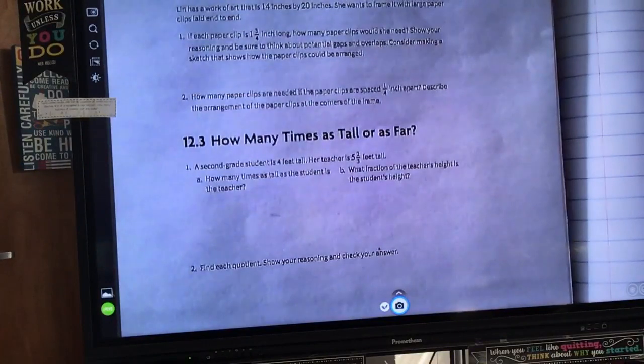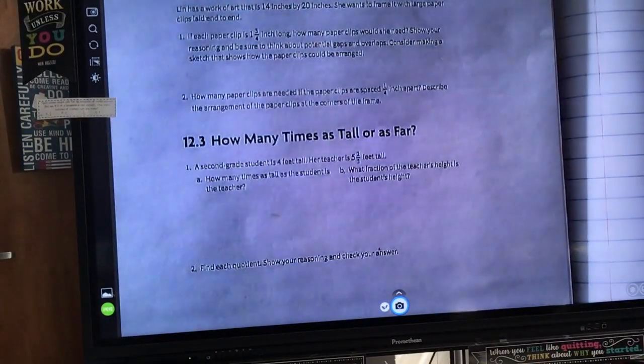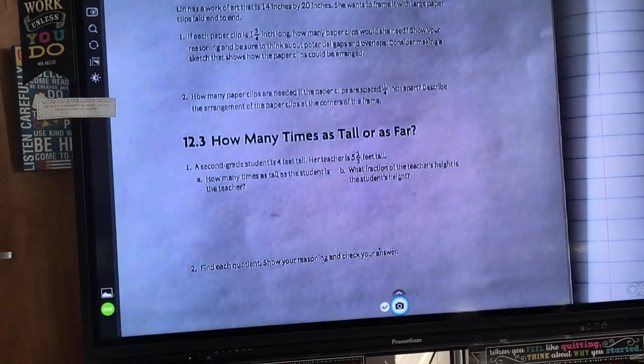Now, on your cool down, please be careful with the question, because if you don't actually read it and annotate it, you're going to get it wrong. Please make sure you show all of your work. I would really like you to annotate. If you choose not to, that's your choice, but you must show all of your work.